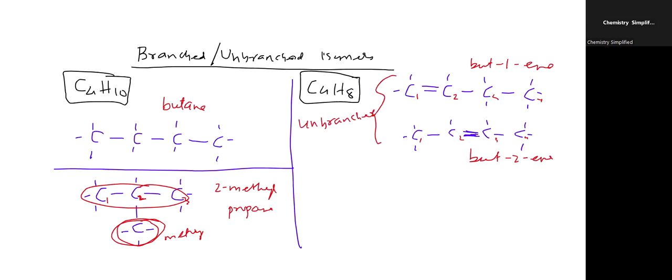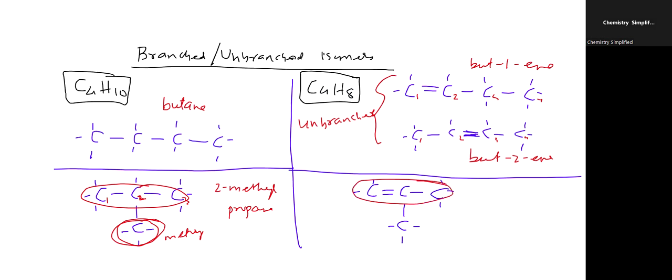Now, if I have to branch it, then I have to take only 3 carbons in a chain, and the double bond has to be in the chain only, not in the branch. So the branch will be here. Now the naming of this, before that we'll allocate the hydrogens. So the 8 hydrogens. Now again, this is propene.